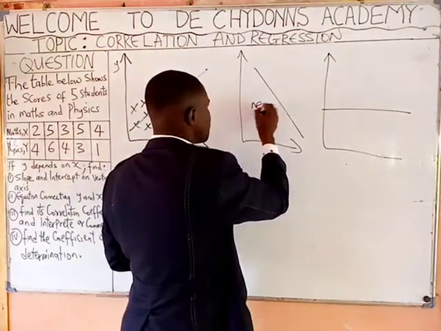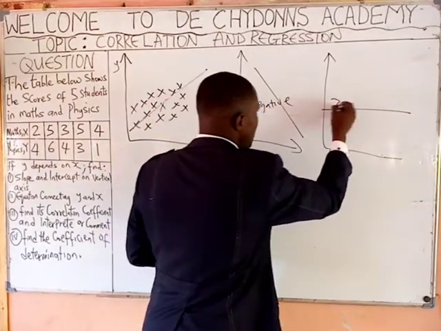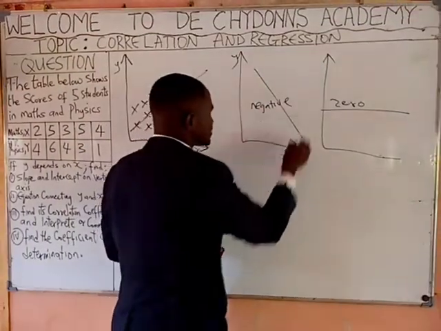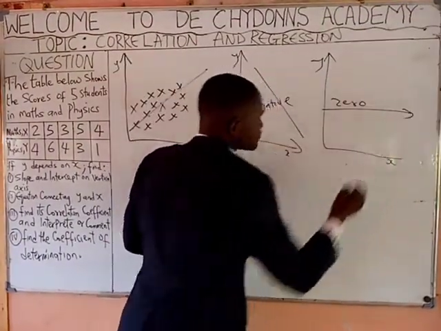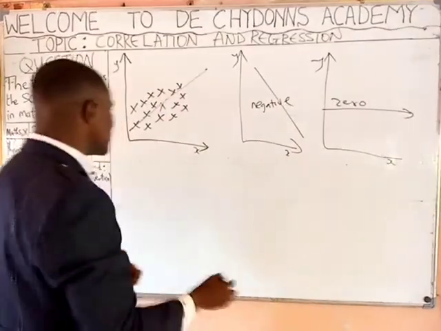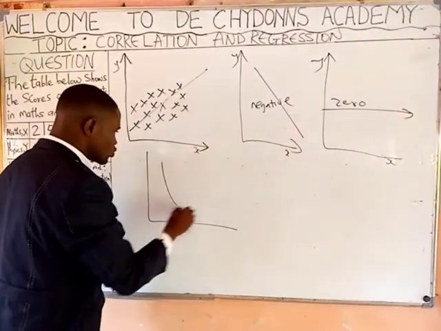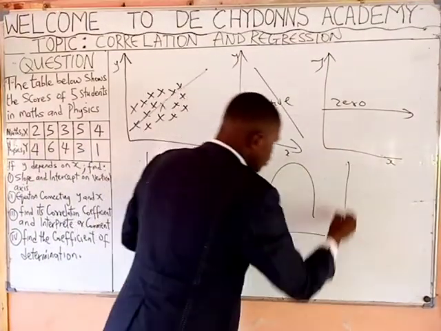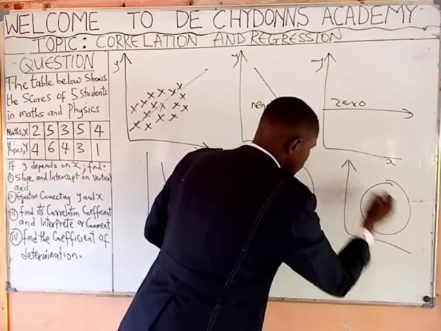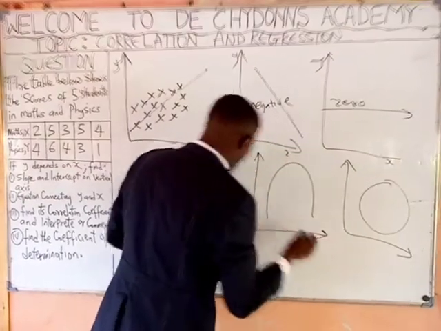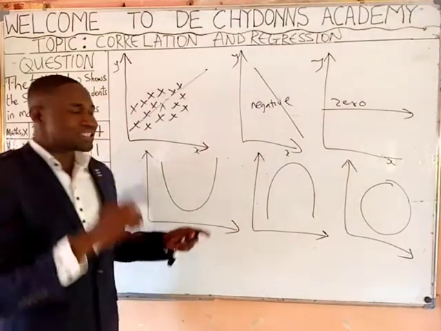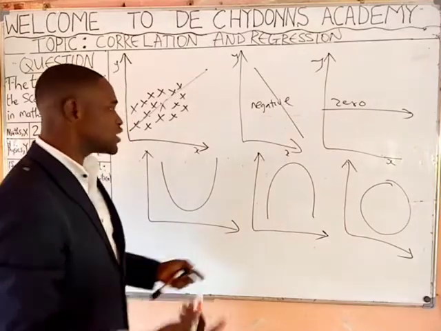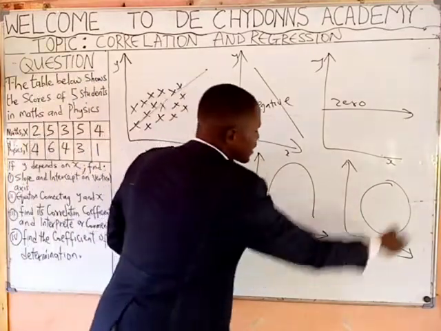This is the zero correlation graph, the graph of Y against X. Now, for nonlinear correlation, it looks this way, or this way, or this way. These are typical examples of non-linear correlation. Non-linear simply means it's not a straight line graph.